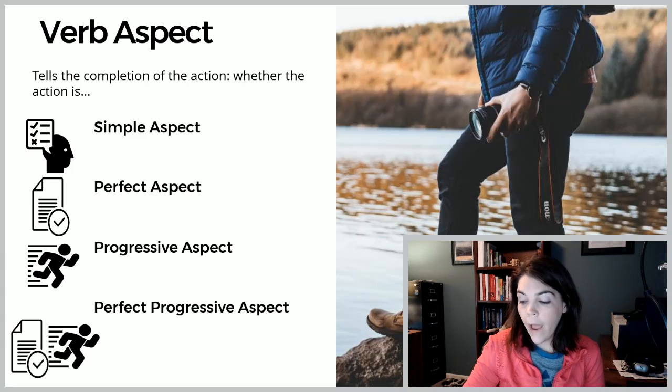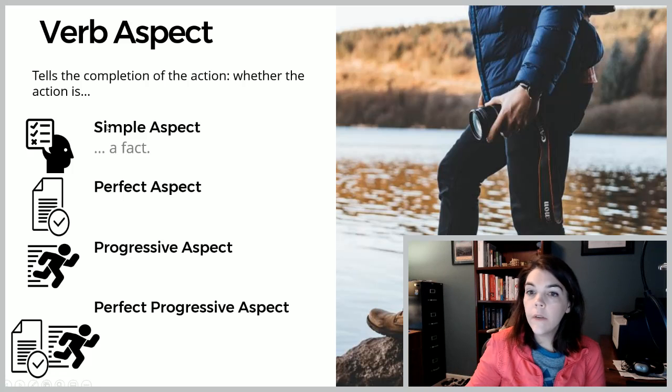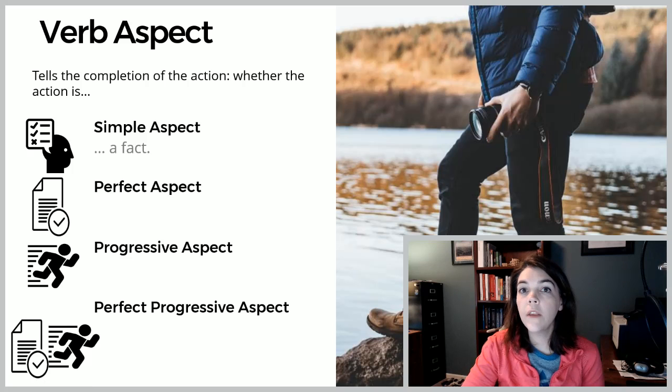So the simple aspect tells us things like facts, things that are simply true, things that are. Now, if I make it past, I'm talking about things that were. And if I'm talking about future, I'm talking about how things will be. Perfect has a different sense.